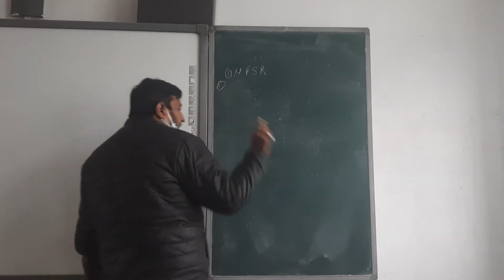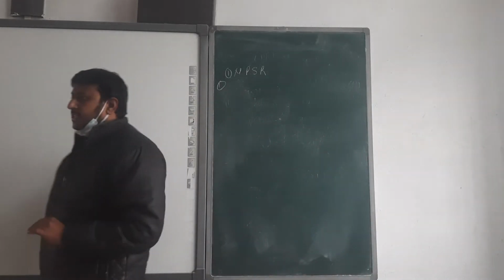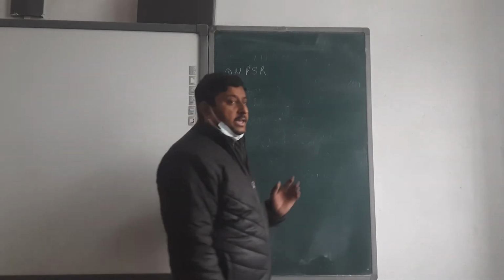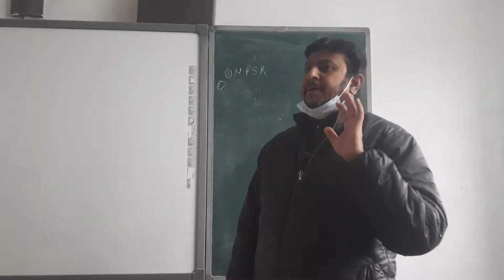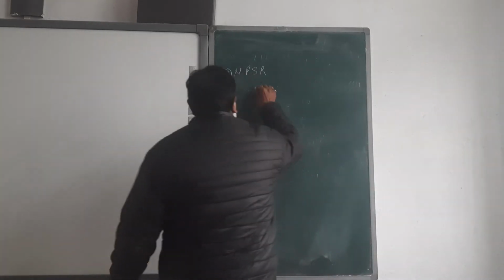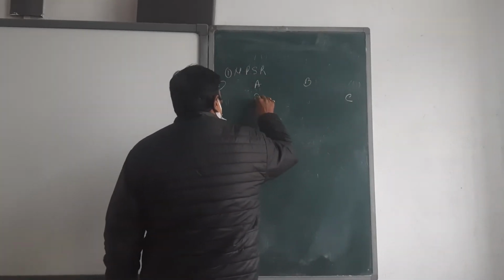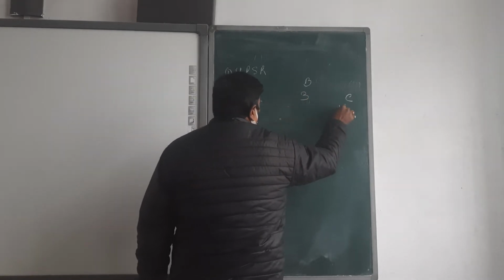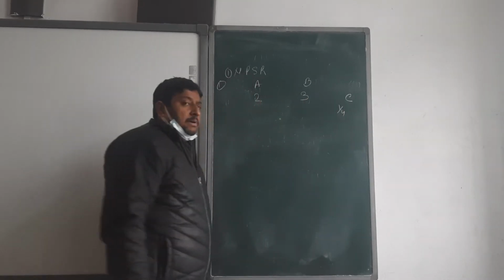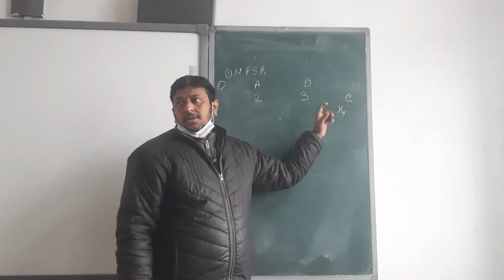If nothing else is given in the question, the new partner's share is given on the basis of a ratio. Maybe A and B are partners, C is admitted with a 1/4 share, the ratio is 2:3, and 1/4 is the share of the new partner.